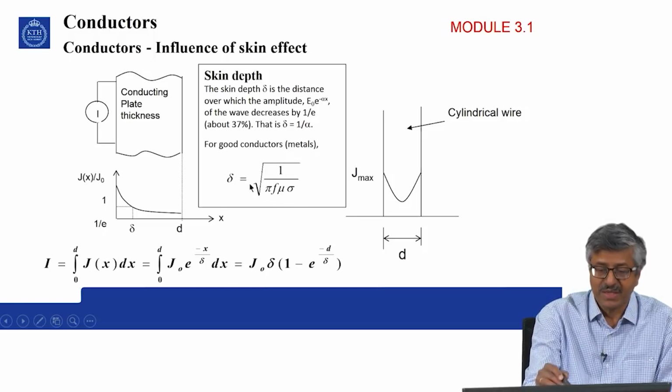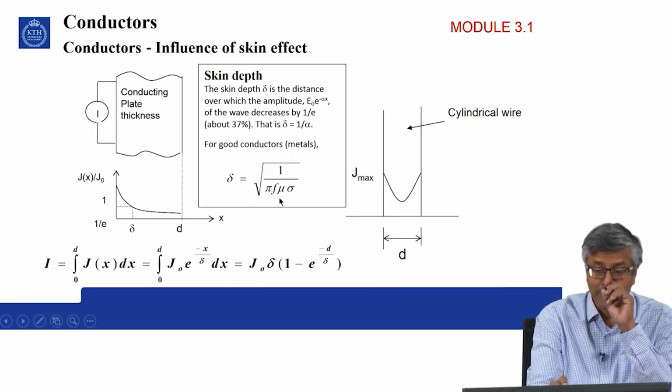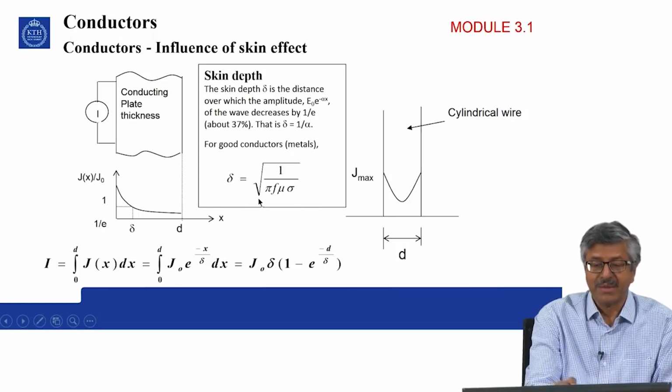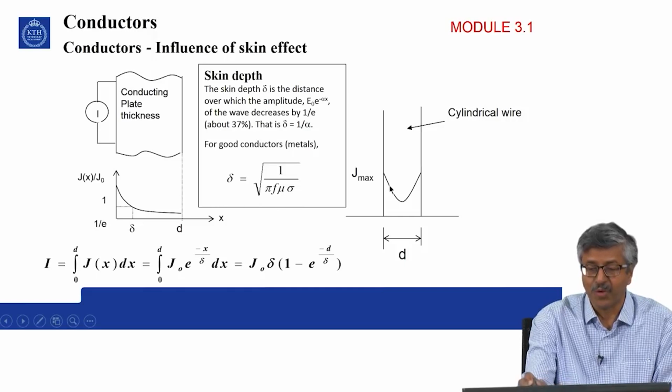Inspection of this will show immediately some interesting properties of skin depth. For example, skin depth is decreasing with increasing frequency. That is, as frequency increases, more and more current is crowding around the surface. So, this is a cylindrical wire, round in cross section, and this is a vertical cross section like this.